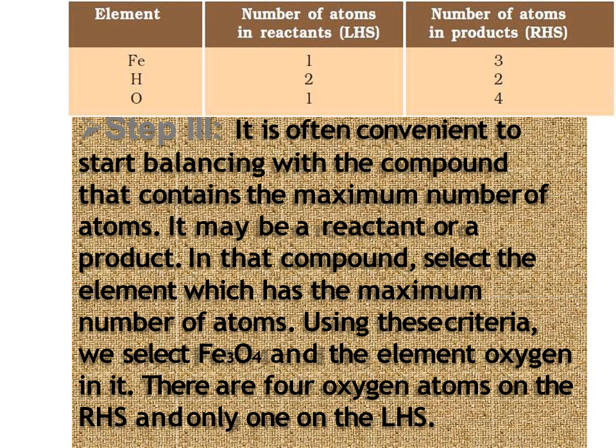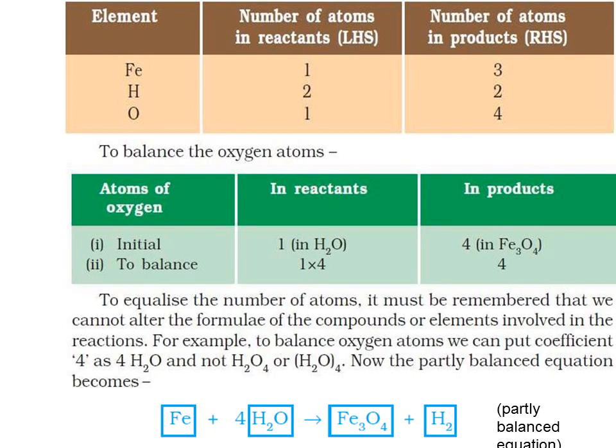And how to balance? To balance the oxygen atom, as you can see, initially there is one oxygen atom in H2O, and in the product Fe3O4 there are four. What we are doing here is making each and every atom the same on both sides.